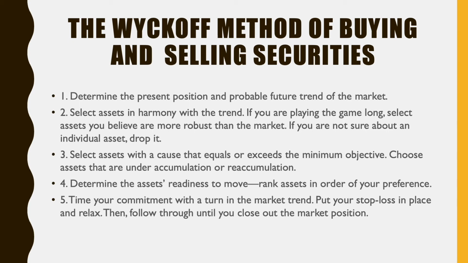Now I can get in, okay? Because I saw the cause, I know that there was a range, so I know that the market maker is now going to take this asset down, and I'm going to ride it with the market maker, okay?